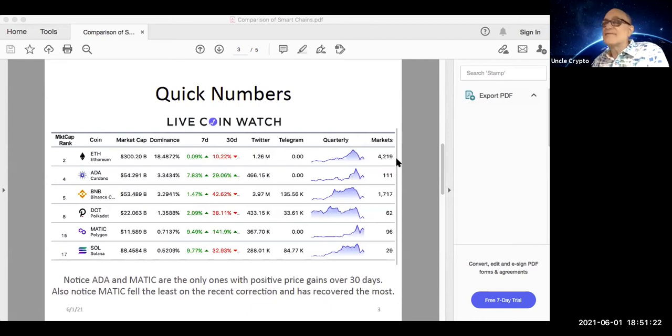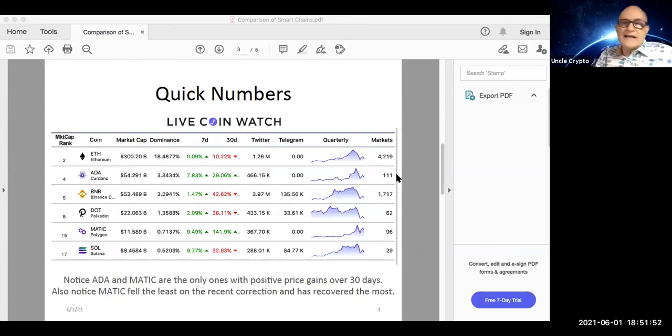It's on over 4,000 markets. I mean, nobody's close. And the next one that's at least in the same league, at least in the 4 digits, is Binance. And the Binance coin, BNB, is traded on 1,700 markets. So the rest of these guys are kind of small. And what's interesting here is the rest of them are all pretty much in the vicinity of about 50 to 100.